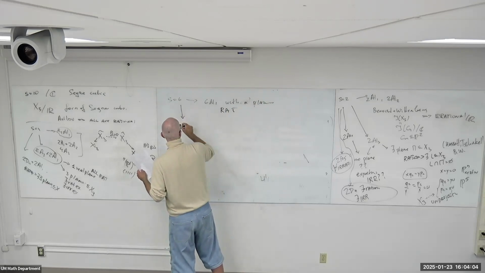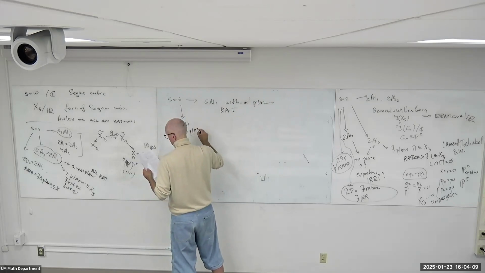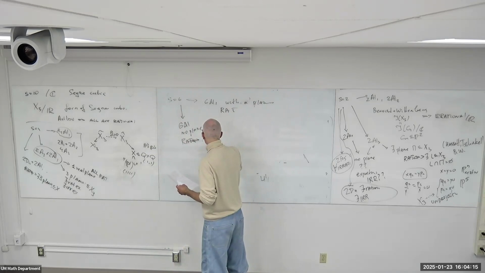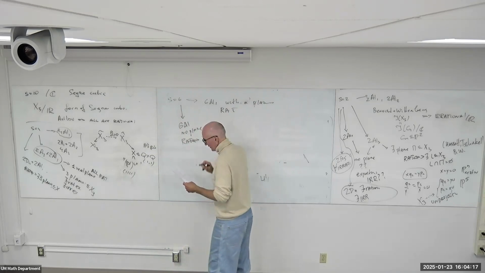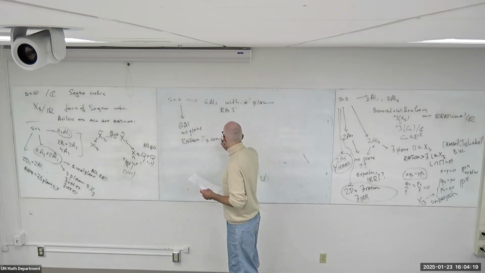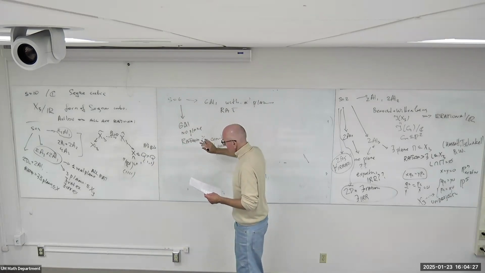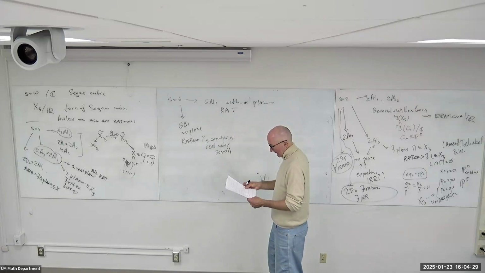Yeah. Then if we have 6 A1, no planes, then it's rational if and only if X contains a real cubic scroll. Again, this is if and only if. It's a very clear geometric condition. Yeah.